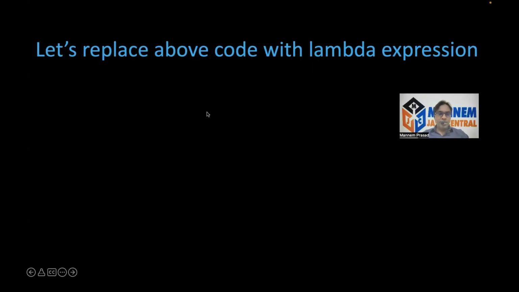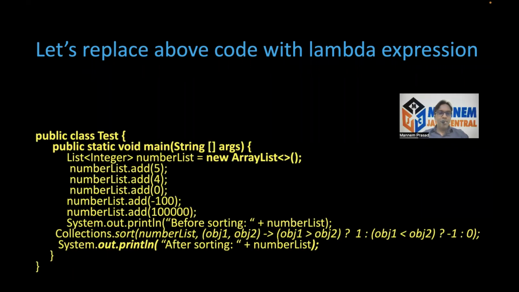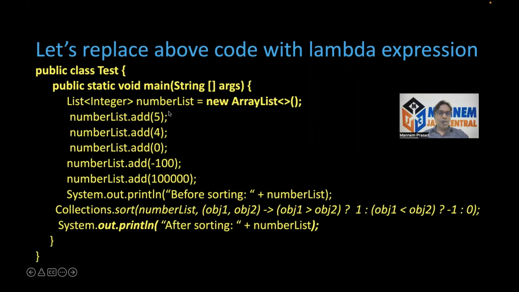So see this explanation. As we discussed right now, I have a number list. This number list is taking some integer values, and I am calling the sort method of the Collections utility class, and the sort method is taking two parameters.